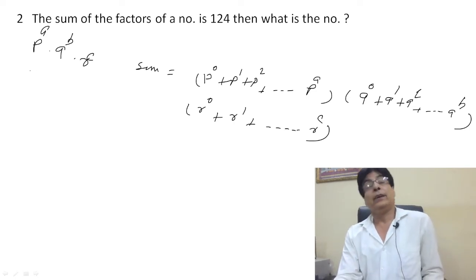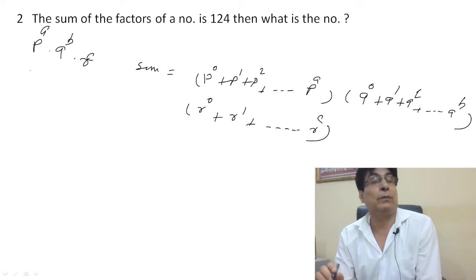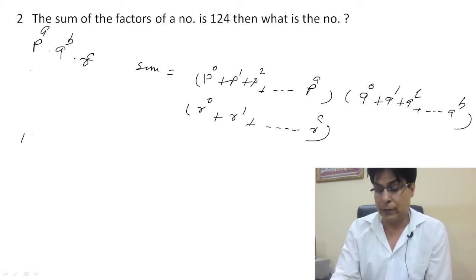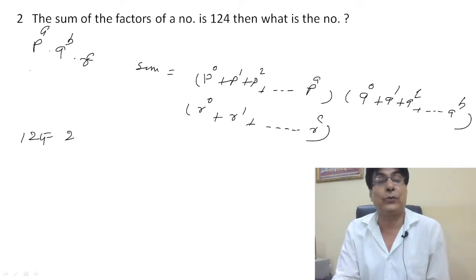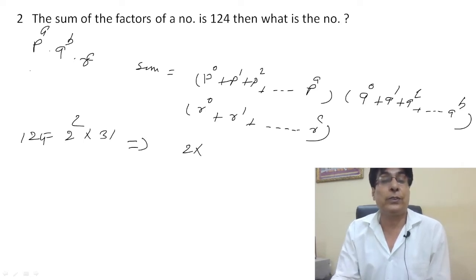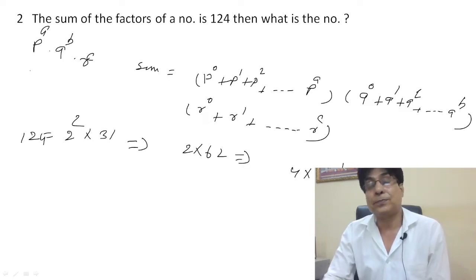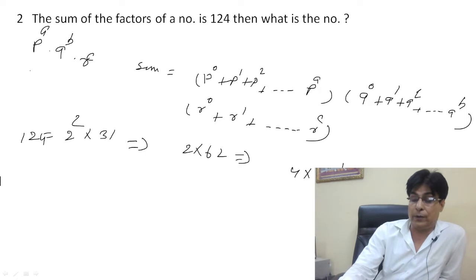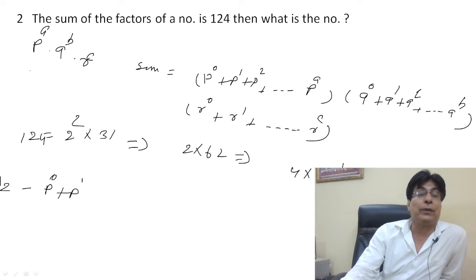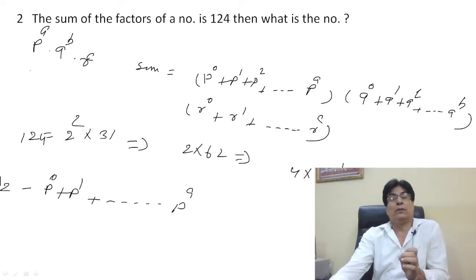Here, given that the sum of factors of the number is 124, and 124 can be written in the form 2 square into 31, which means it can be written as 2 into 62 or 4 into 31. Now, 2 cannot be written in the form 1 plus p^1 plus up to p^a, hence that is not possible.